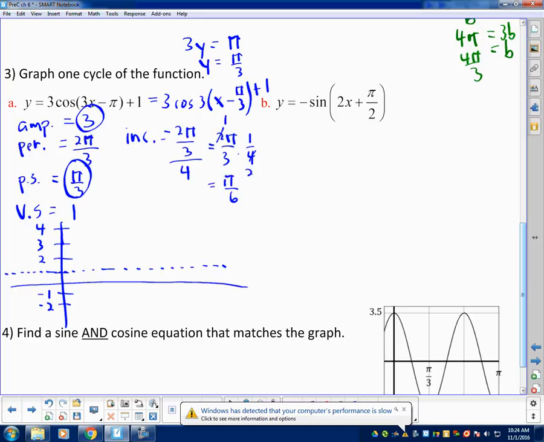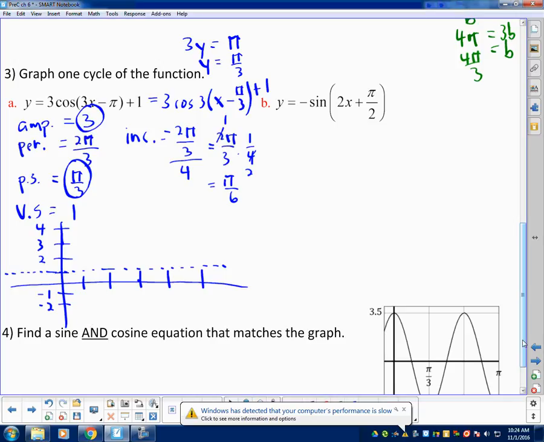So I am going to start at pi over 3 right here. And I'm going to space this 1, 2, 3, 4. My increment is pi over 6. So what's happening here is I'm going to count by pi over 6s, but starting this time at pi over 3, not at 0. So it might even help to think of pi over 3 in terms of 6s.